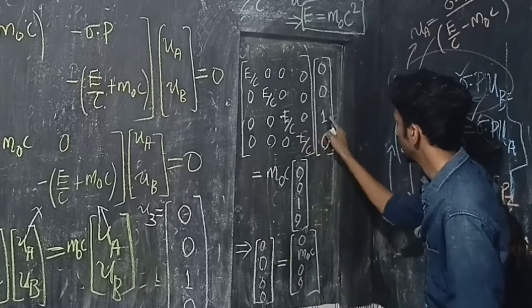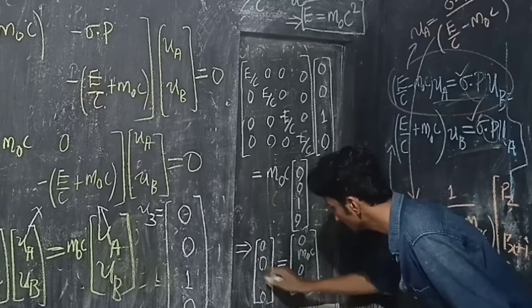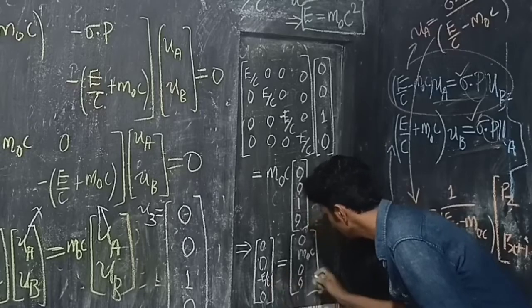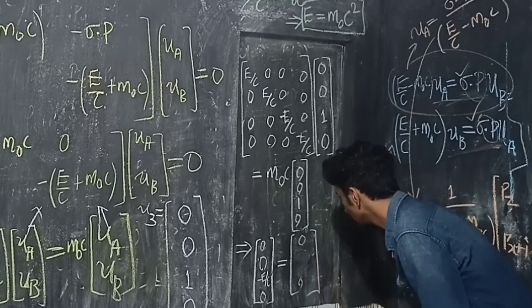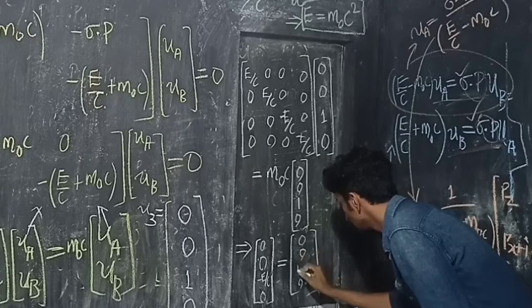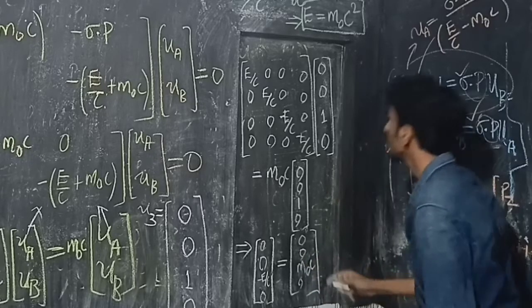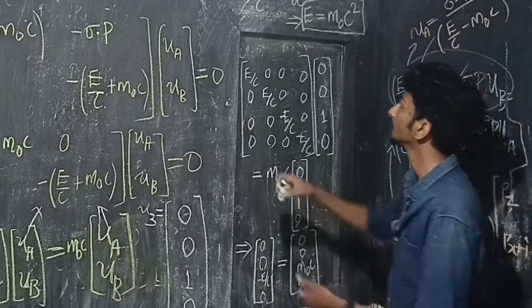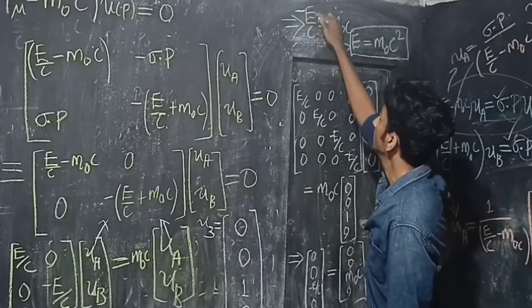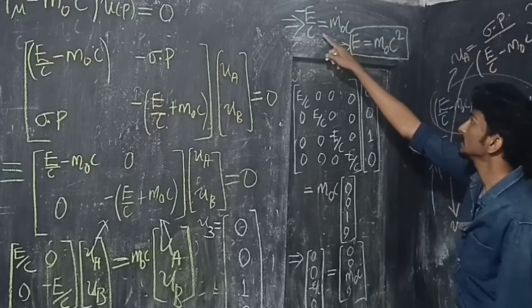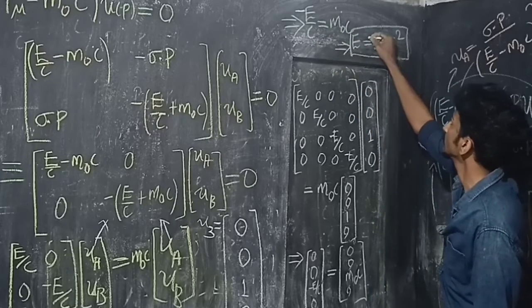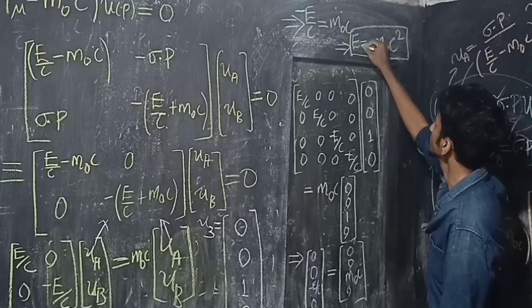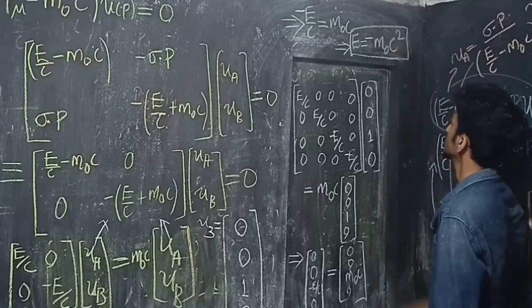So here, minus E by C, 0, m naught C, and here minus E by C is equal to m naught C. That gives E is equal to minus m naught C square.